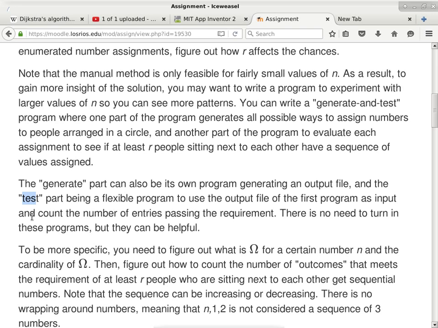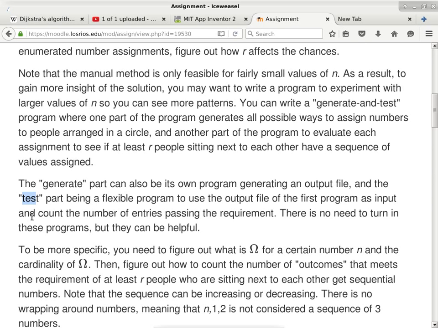So the generate program is only going to generate the n factorial combinations and spew everything out into an output file. Okay? And then the second program, the test program, is going to take the output of the first program as its input. Then it will go through every single line and figure out, okay, this pattern fits this requirement, this pattern fits this requirement, this one does not, and give you a count.